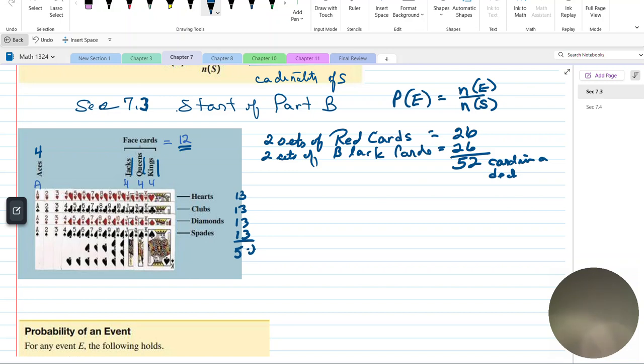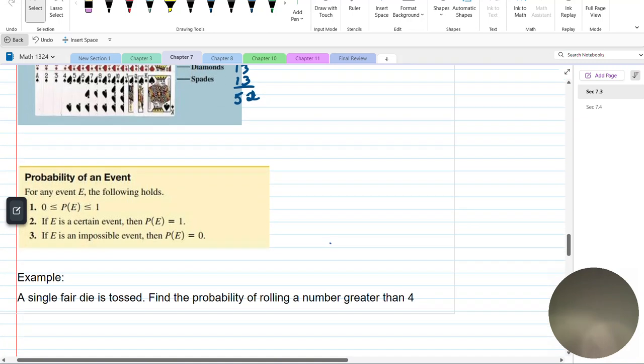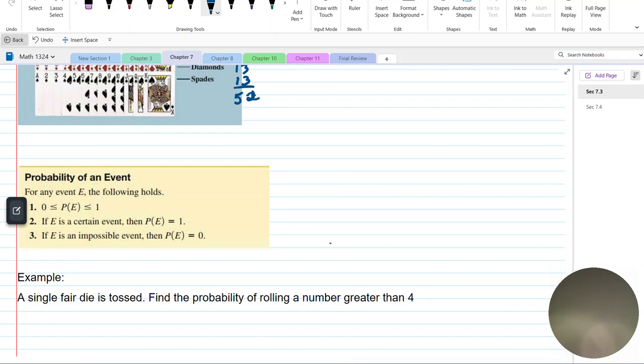So now that we know parts of the deck of cards, we can look at probability of an event. For any event E, the following holds: 0 is less than or equal to the probability of the event, less than or equal to 1.